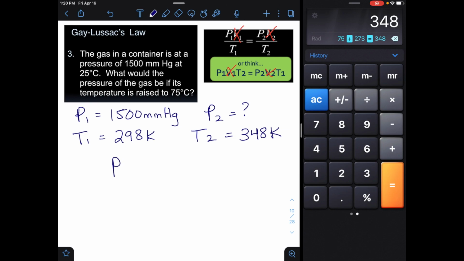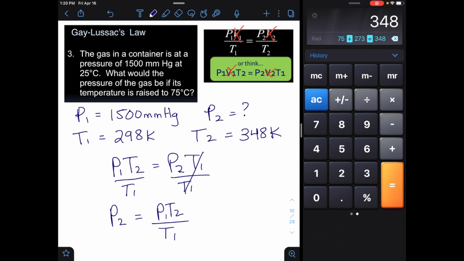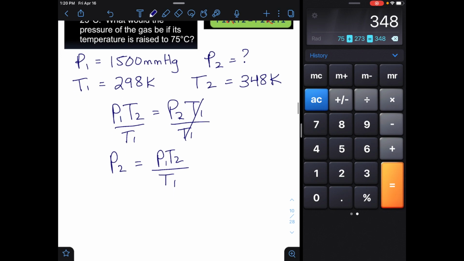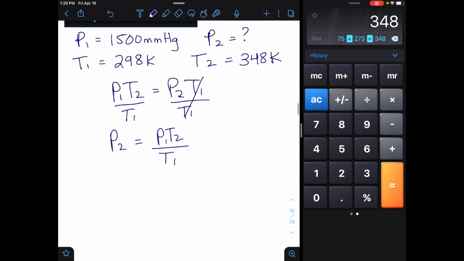I'm going to say P1 times T2 equals P2 times T1, and I want to get P2 by itself, so divide by T1, divide by T1. Rewriting it, I get P2 equals P1 T2 over T1. The nice thing about rewriting this out is that I don't have to do this every single time if I have a worksheet or a test that has the same question type on it.